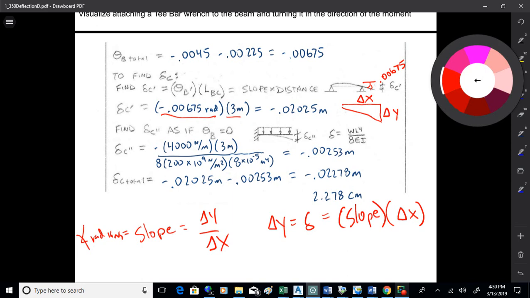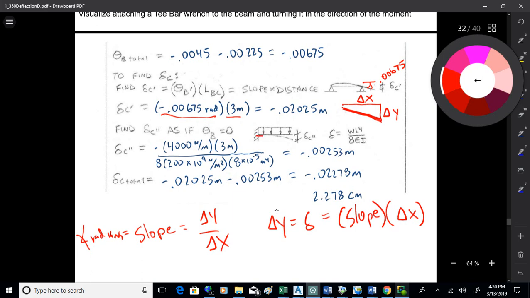But I've got more going on than that, because I have to look at what caused that couple at the support, which I'm calling B there. And what caused it is a distributed load going from B to C. So not only is that thing bending down and extending out in a straight line, which I would pick up by doing this little slope times delta x thing, but it's also got a load on it.